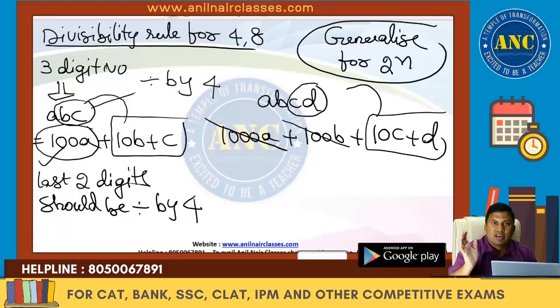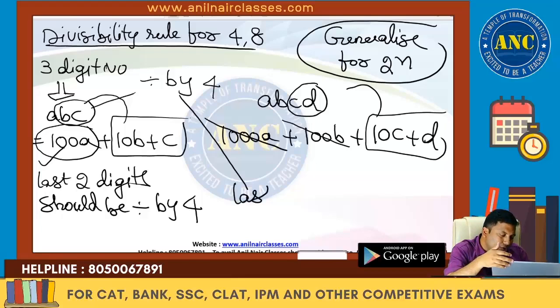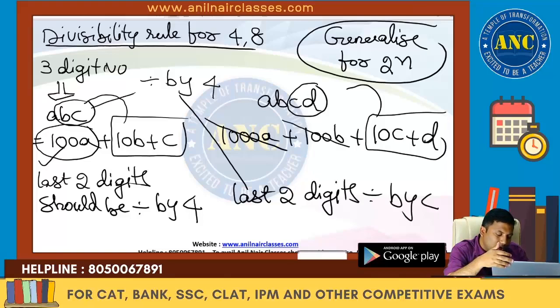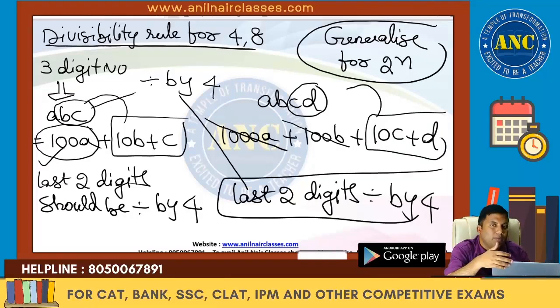That means for any n-digit number, n greater than or equal to 3, it could be a 3-digit number, a 4-digit number, or a 5-digit number, the divisibility rule of 4 is that the last 2 digits should be divisible by 4.